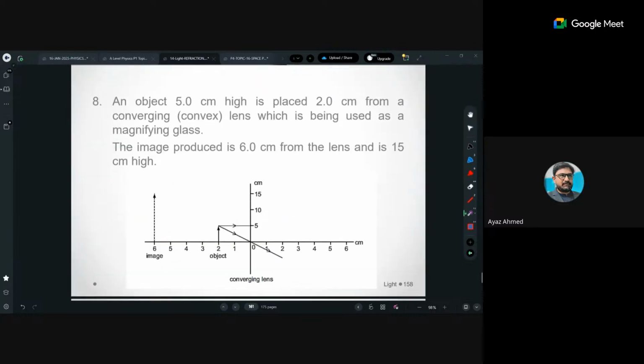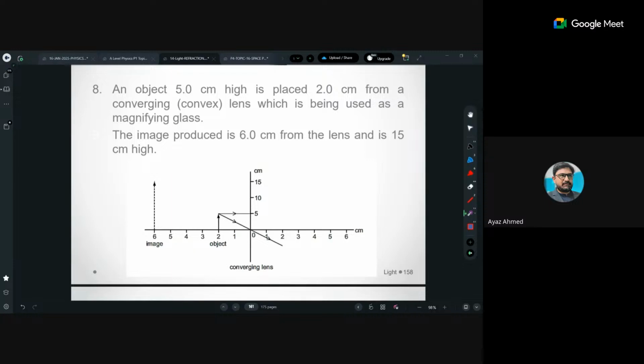An object 5 centimeter in height is placed 2 centimeter from a converging convex lens which is being used as a magnifying glass. Magnifying glass, this is mentioned here. The image produced is 6 centimeter from the lens and 15 centimeter high.